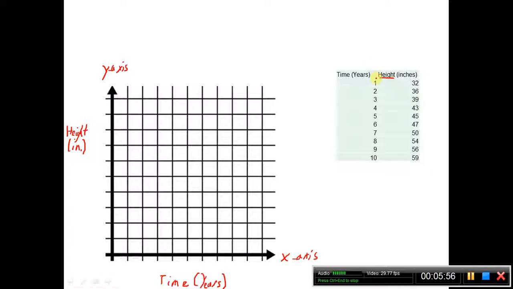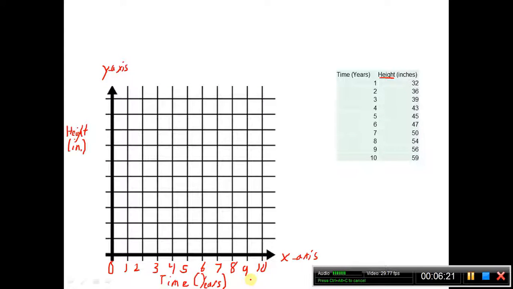So with our time, notice we're going 1 through 10, and how many lines do we have? 1, 2, 3, 4, 5, 6, 7, 8, 9, 10. So that's perfect. Each line, each dash on the grid mark here can be worth 1 year. And we could even start 0 here, and then 1, 2, 3, 4, on up through 10 years.